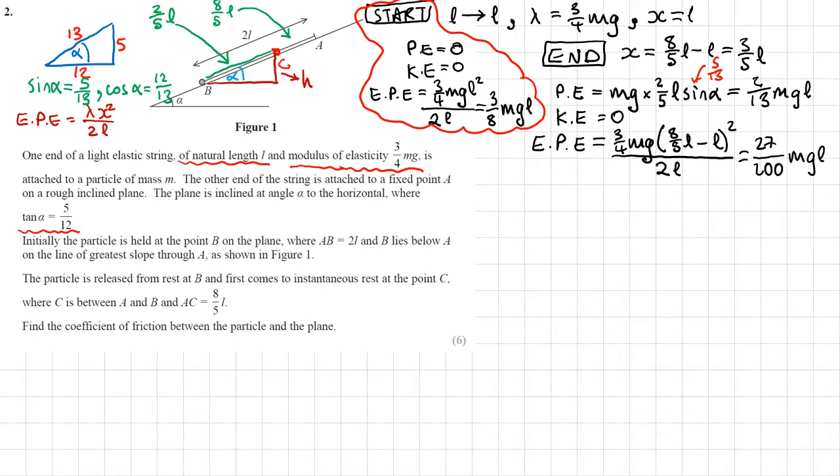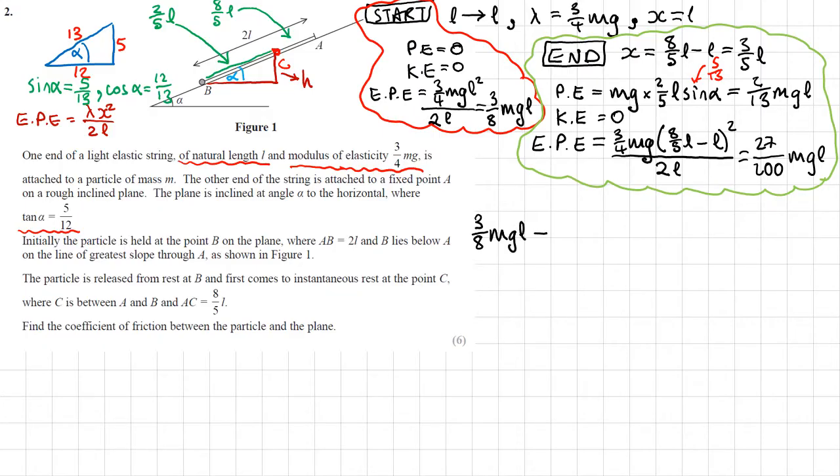So the total of all of these things here is going to give me the energy at the end. So I now need to work out how much energy is lost. So what I'm going to do is now start to write this all in one equation. The total energy at the start is going to be just 3/8 mgL minus the energy that we lose.